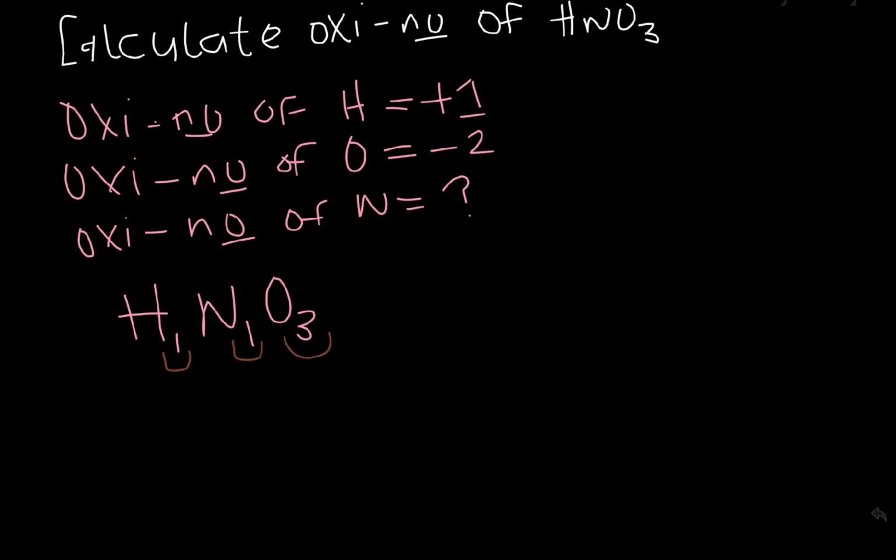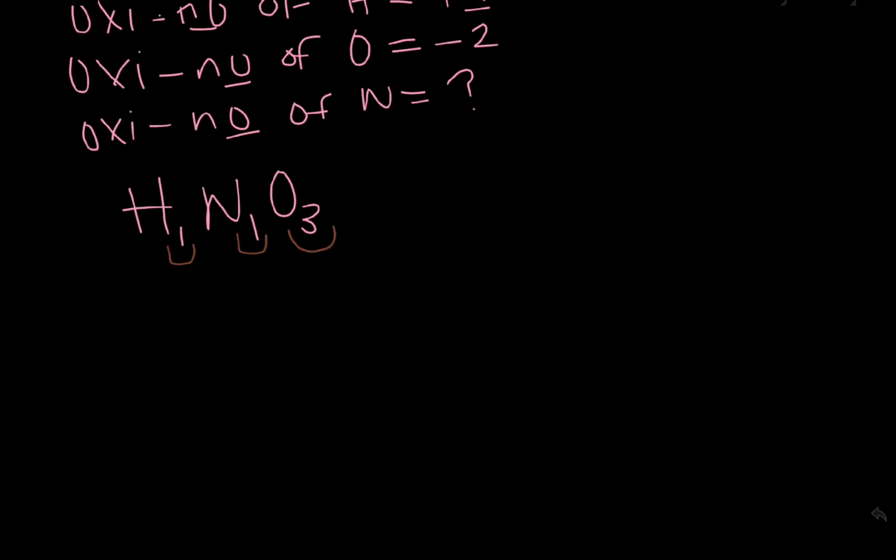Next, we'll expand and turn it into a proper equation. And how do we do that? We'd say H, we'll write the number of atoms of H here. And we say the oxidation number of H is what? +1, hydrogen. Then we'll add it to the one for the nitrogen. The number of atoms of nitrogen here is 1. Open bracket.